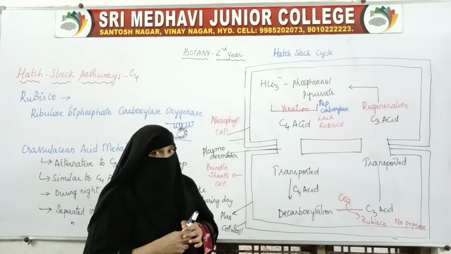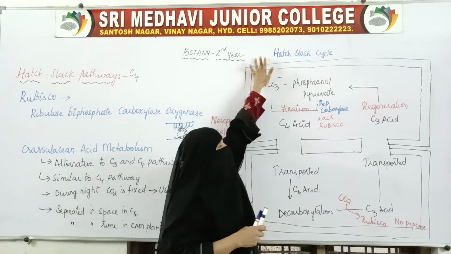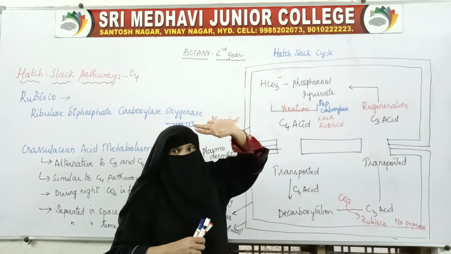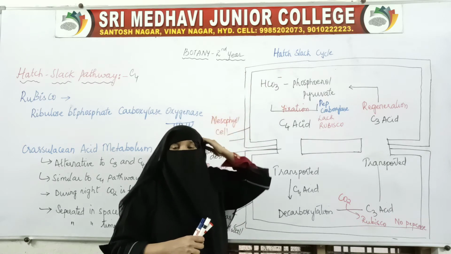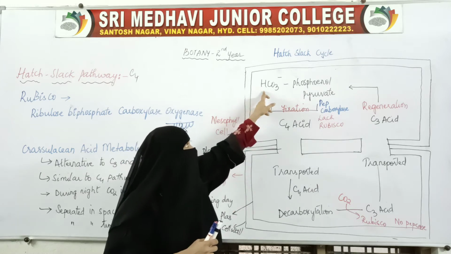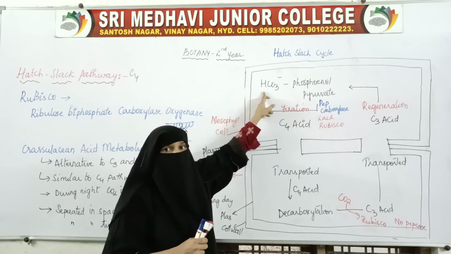In the C4 cycle, the atmospheric carbon dioxide enters into the cell, taken in the form of HCO3.